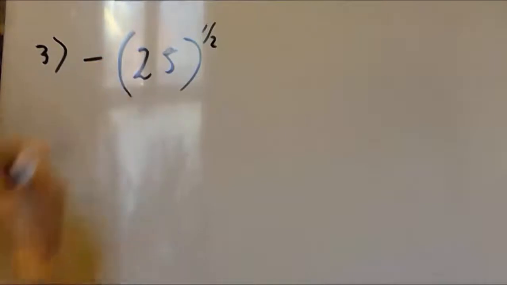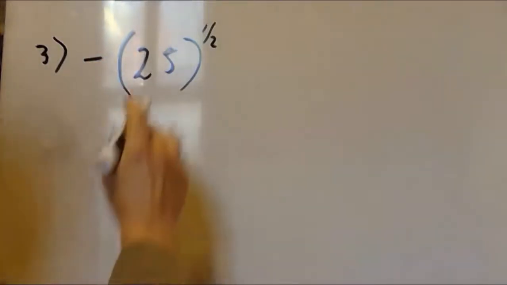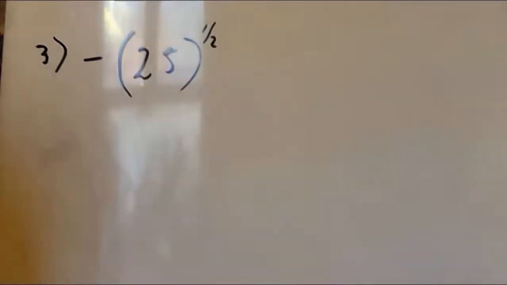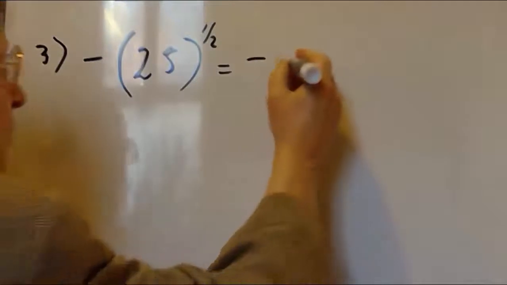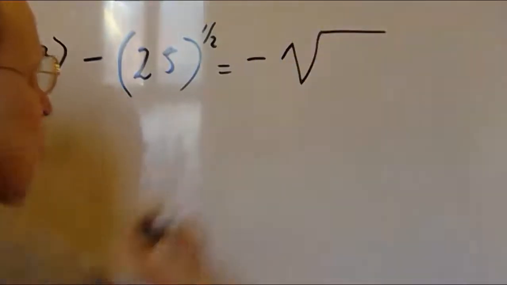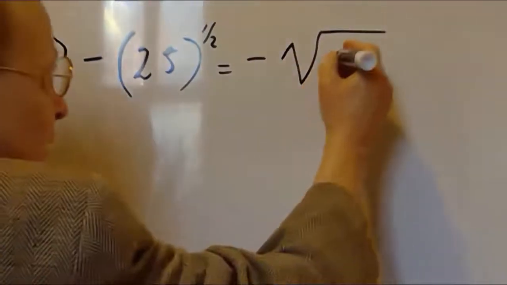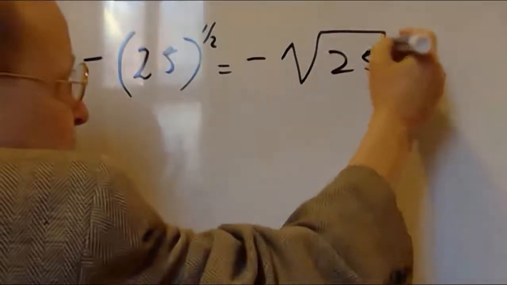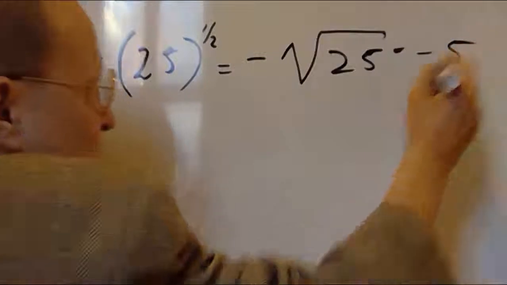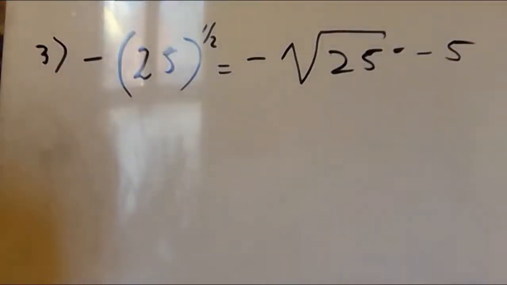So that negative is outside of my bracket. All that we're concerned about with the 1/2 is that 25 itself. So we can just write the negative outside the square root sign. Now we have 25, and we know that 25 is a perfect square. So there we have -5.